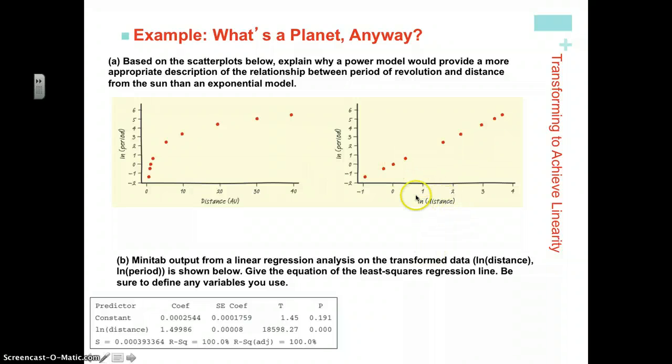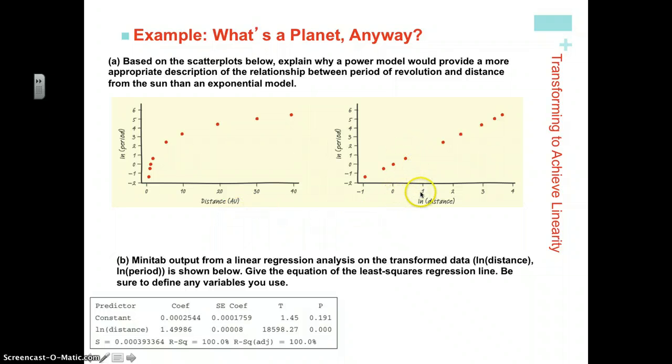If you look at the two graphs, you could tell that this is the power model because it's taken the natural logarithm of both the distance and the period, both the explanatory and response variable, as opposed to the exponential model, which has only taken the natural logarithm of your response variable, not your explanatory variable.